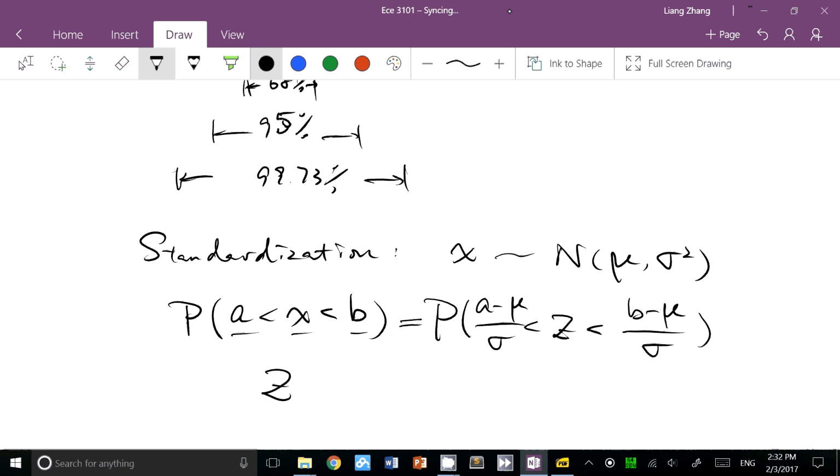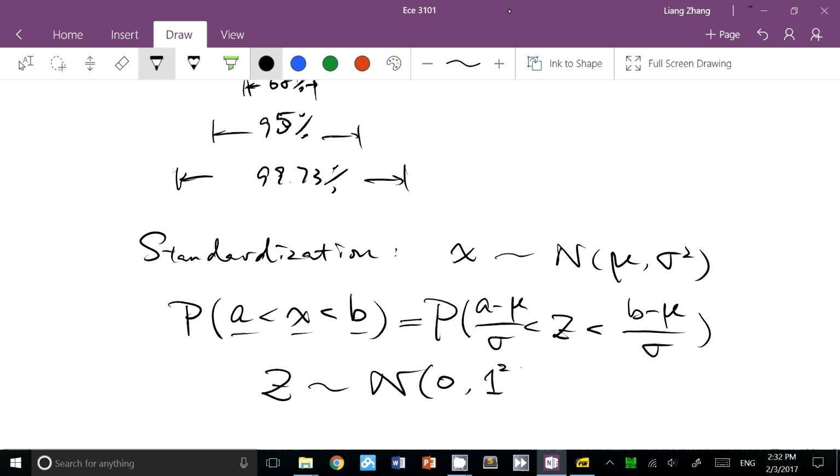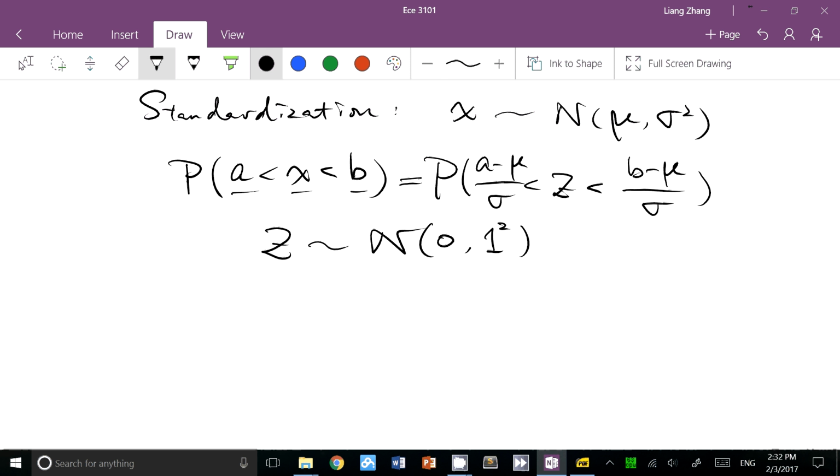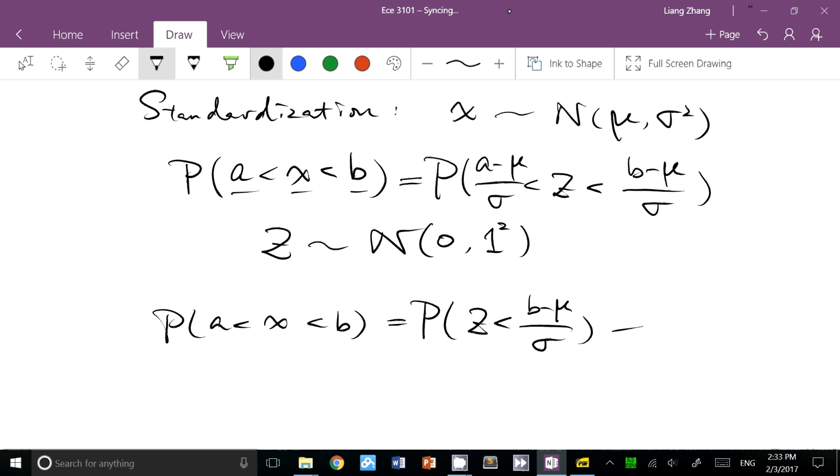And z, this random variable, is also normal, but it's a very special one. It's centered at 0, with mean equal to 0 and standard deviation and variance both equal to 1. So, following that, if we write one more step, this will be equal to the probability that z is less than the upper bound minus the probability that z is less than the lower bound.